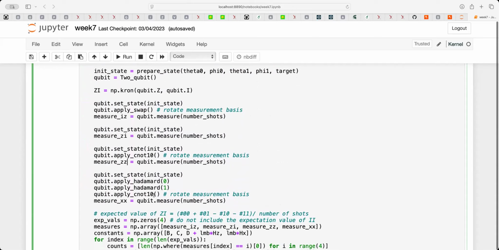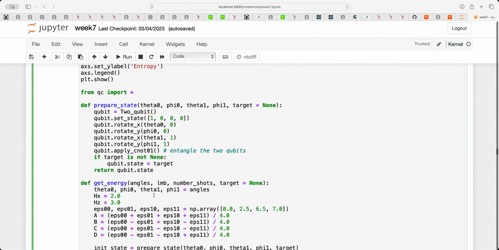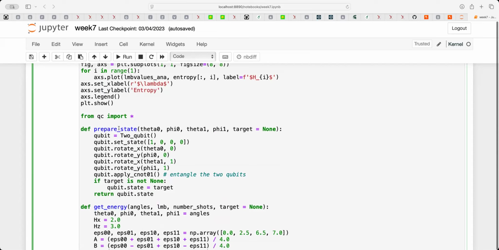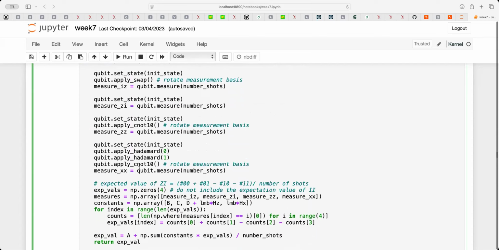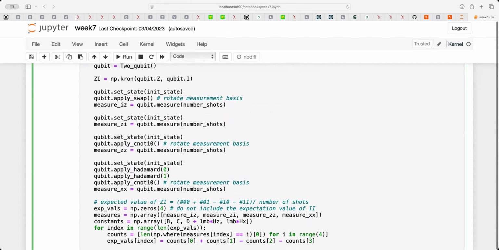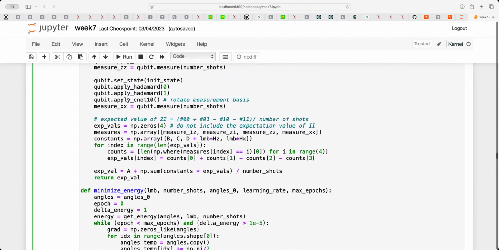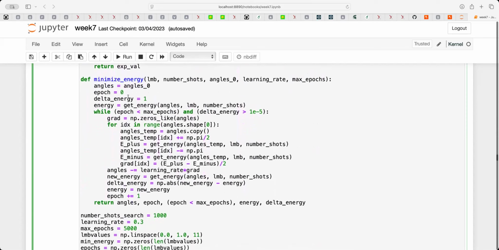So I have predefined these ones in this file, which is called QC, which you have access to. So I'm setting up all these operations here. And now I have transformed my basis states. And then I measure XX, measure CZ, CI, IZ, and I also have the identity which I need to add. And then the energy minimization runs as before.